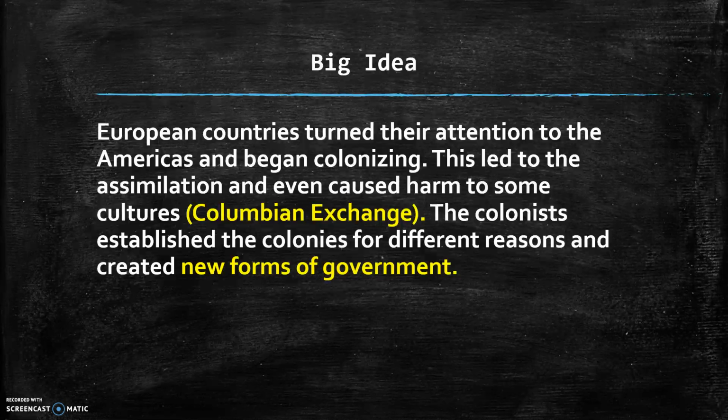And once the colonists came to the United States, they formed a new government, because in order to establish a body, you need to have a good foundation. That was their goal.